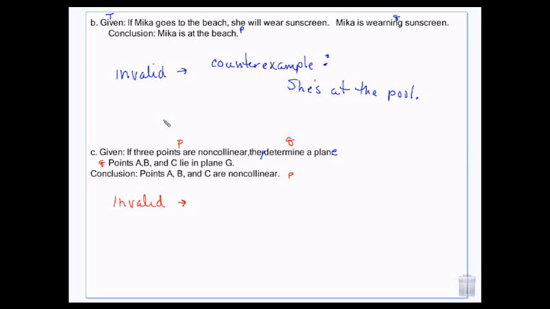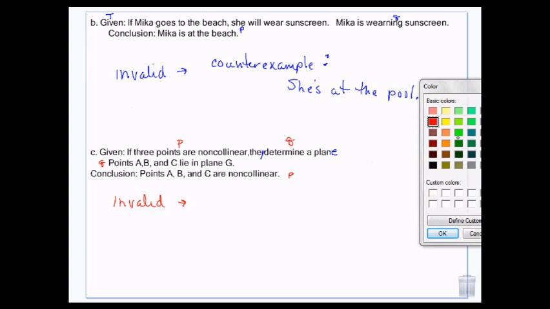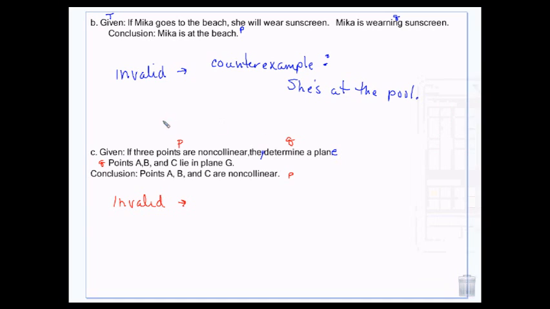Again, these are both, let me get, how about orange? Orange is good. These are both flipped, and that makes it so that it's no longer valid. And again, we can come up with a counterexample.